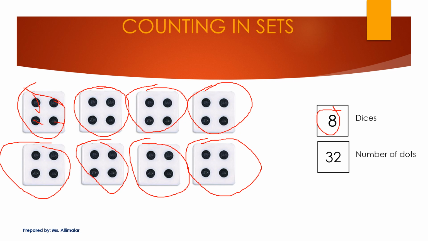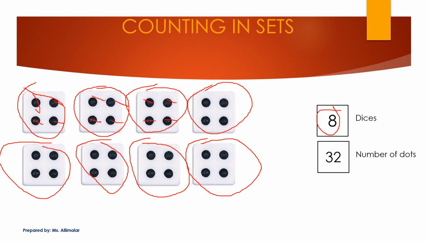If you're not sure, count 4 plus 4 plus 4 plus 4. For the easy way, you just count 4 and then 5, 6, 7, 8, then 9, 10, 11, 12, until you complete all the dice, and you will get 32.